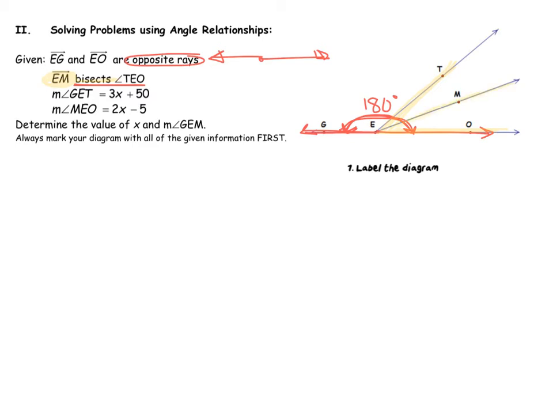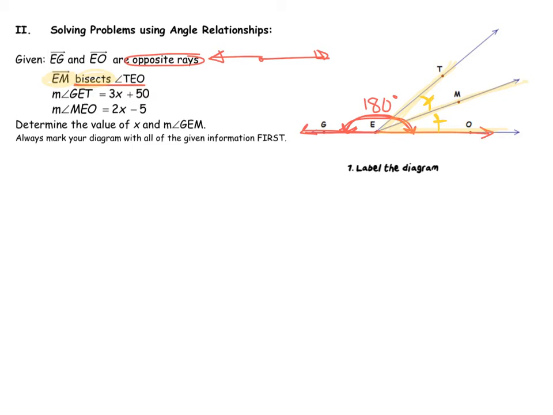So I am going to highlight that. Because it's bisecting, I know that it cuts it into two congruent angles. So I'm going to mark those two angles congruent using these little angle congruence marks. So I know that those two angles are the same measure. They are congruent.